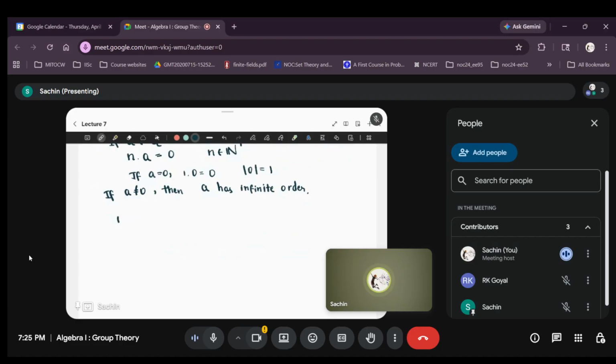That is the case in Q, where the operation was addition. In Q star, here the identity element is 1, and the operation is multiplication. Now we want A in Q star. What is the smallest positive number n such that A power n is equal to the identity 1?